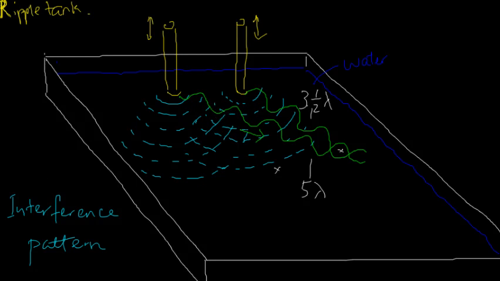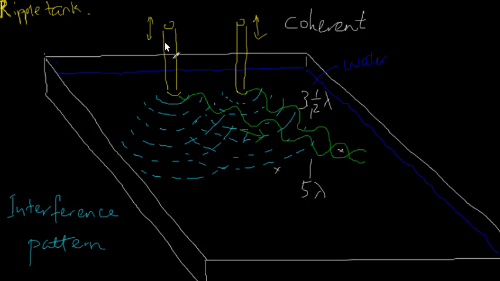Now we describe this using the word coherent. Coherent, all right. I will talk a bit more about the definition of coherent later on, but for now, let's just appreciate that coherent means that the two sources of the wave, the two things that produce the wave, the motion has to be related in a certain way, right?